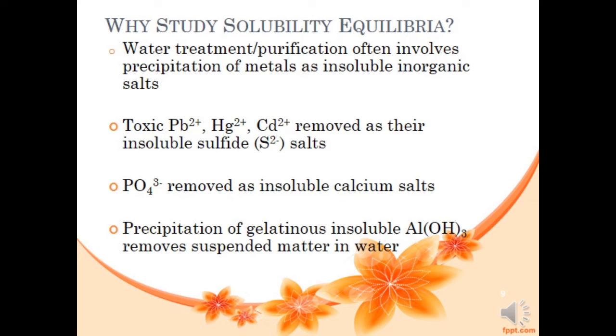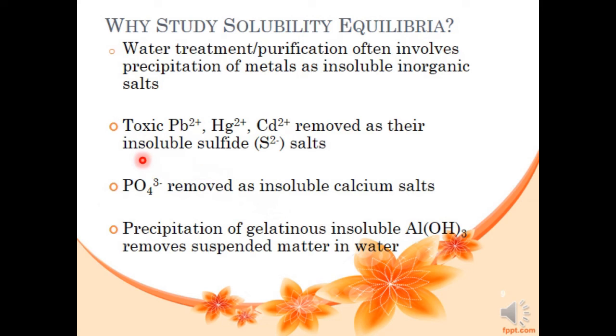For example, the previous question involving lead just now. So that's one example. Next is toxic lead, mercury, cadmium, removed as insoluble sulfide salt. So we get lead sulfide, mercury sulfide, and cadmium sulfide. So we can remove these through filtration.